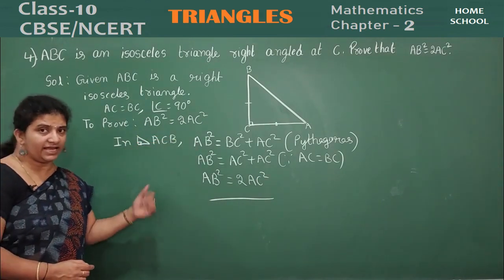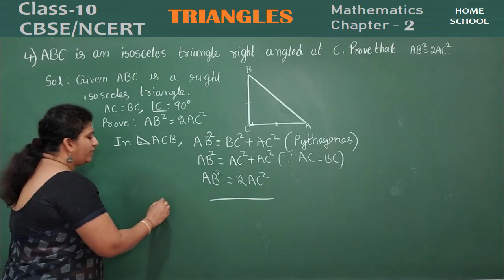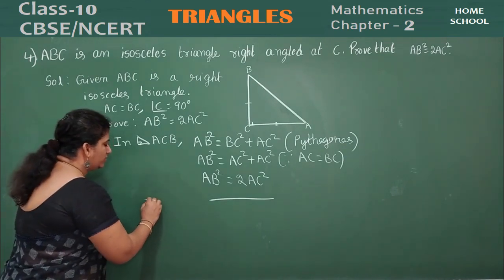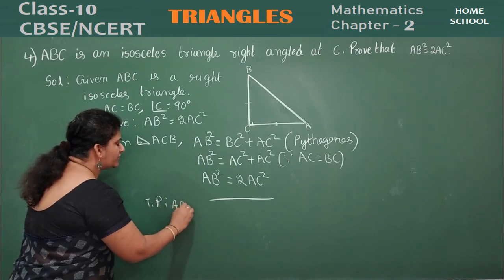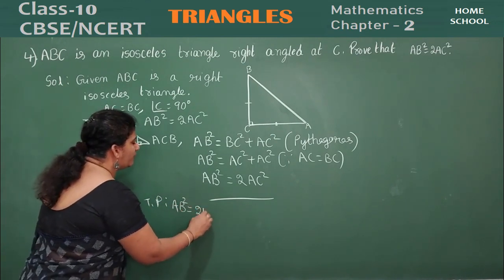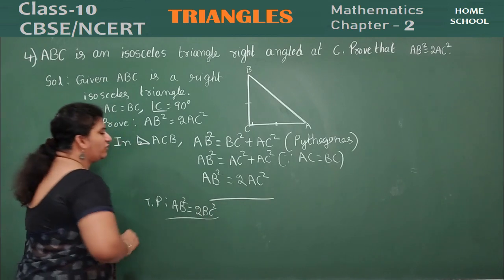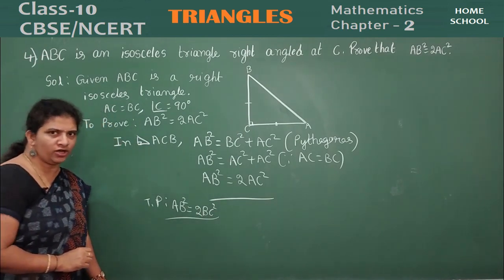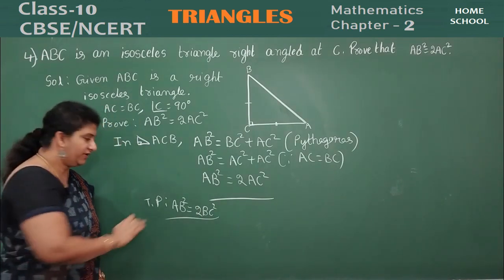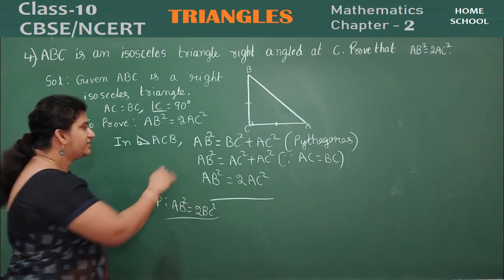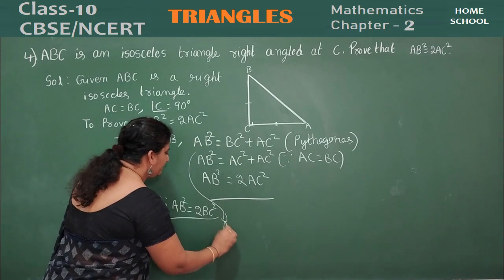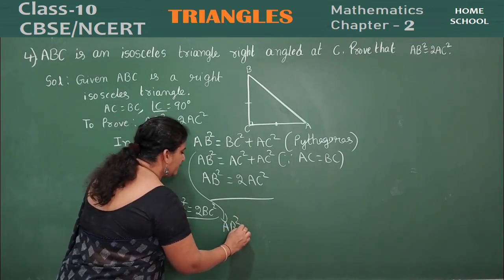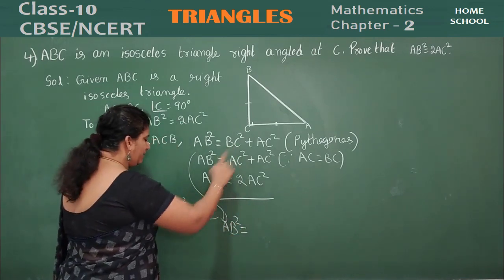Shall we see another question in this? What is that? This is an extra question, children, to prove. If I ask you the question AB square is equal to 2BC square. Ma'am, is the question wrong? No, it's not wrong. We need to prove according to this. In the same place, look here, after this statement, AB square is equal to, I need BC as it is.